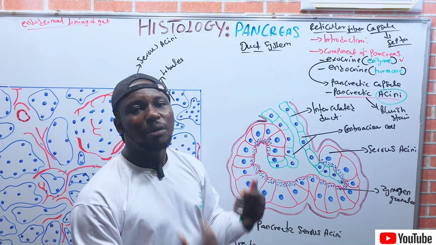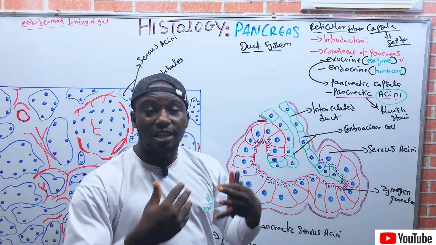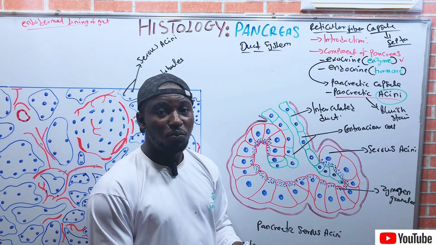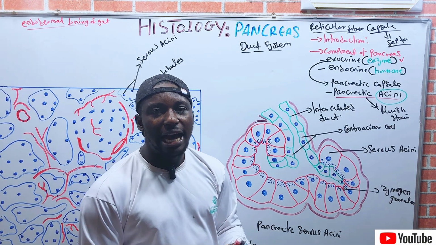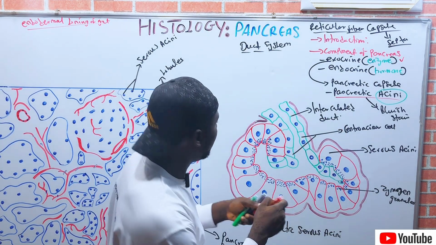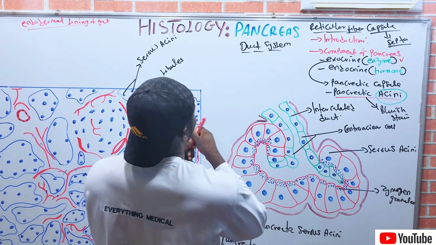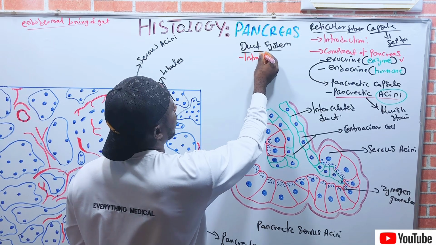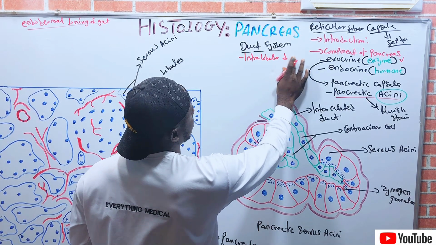So how does it happen? The first duct through which the secretion produced from the pancreatic acini passes to get to the next duct is the intralobular duct, which can be called the intercalated duct. So the first duct it gets to is the intralobular duct.